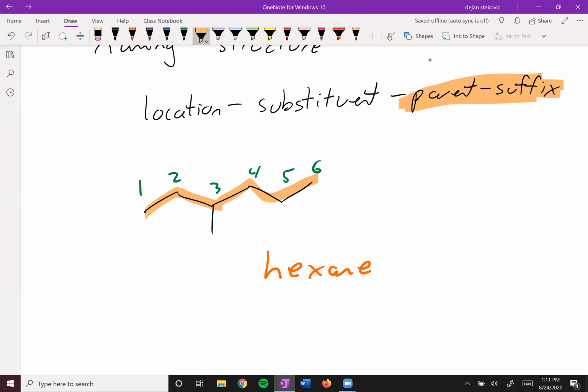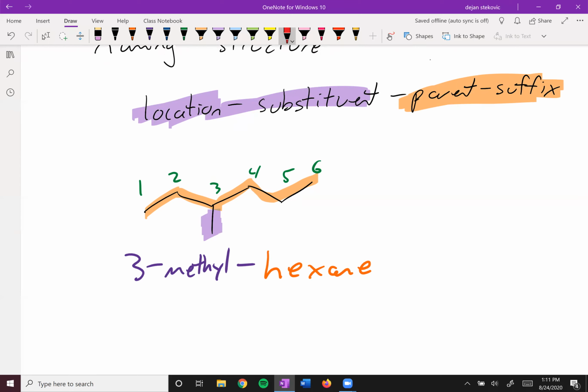And so next step we need to do is identify the location and what the substituent is. We can see that this group right here is on the 3rd carbon. And so this is 3, and we can see it's a 1 carbon group, a 1 carbon alkyl chain. So that's methyl. So this is 3-methylhexane.